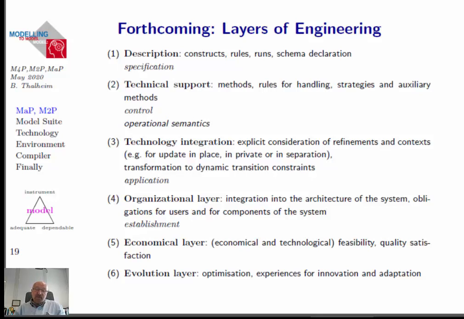Then you have obligations for users and for components of the system. You have of course also an economical layer: when to stop, when to finish, what kind of quality you really need, and what kind of quality characteristics is superficial and should not be supported. And of course we could also think about evolution. That means engineering should go far beyond what is done so far in our approaches.